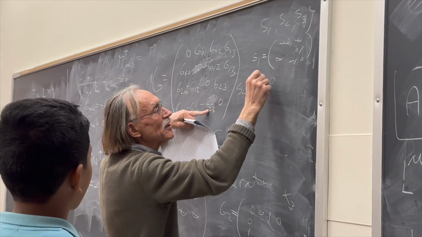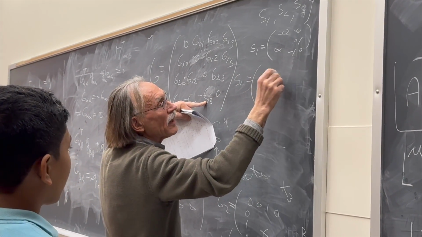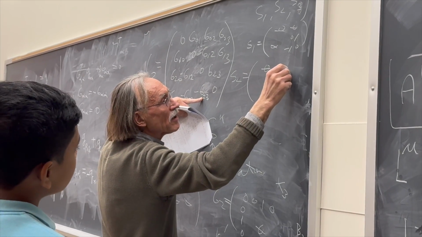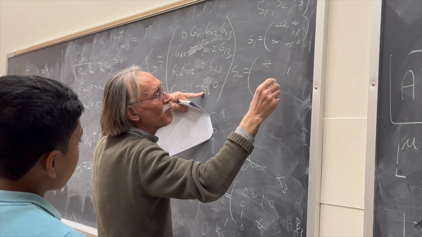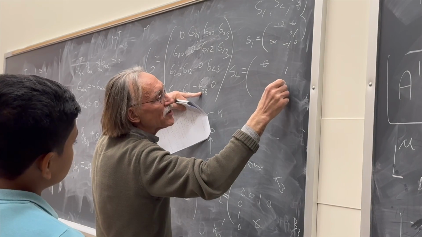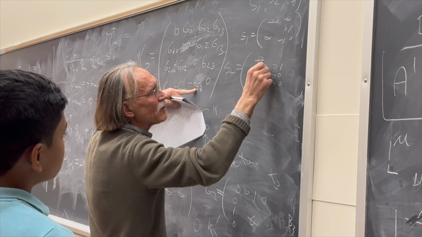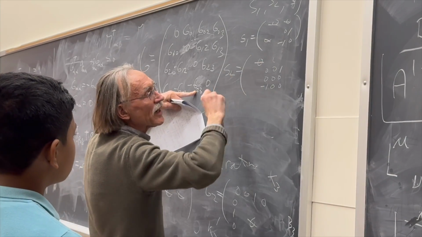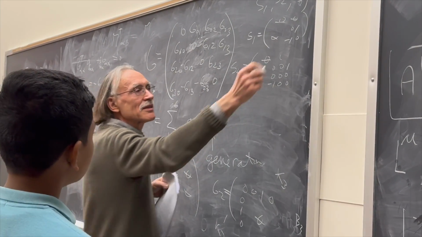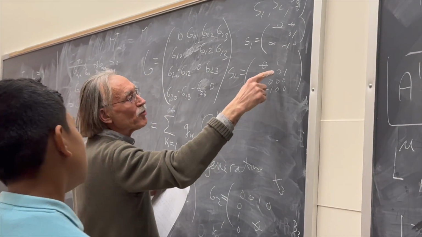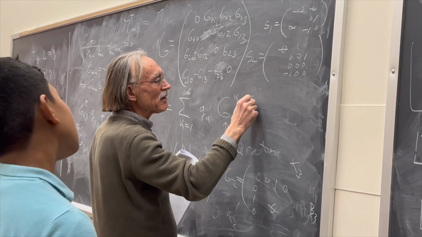S2 is 0, and then we take here the 1 and here the minus 1, and the rest is 0. The third one is when we put the minus 1 and 1 here.